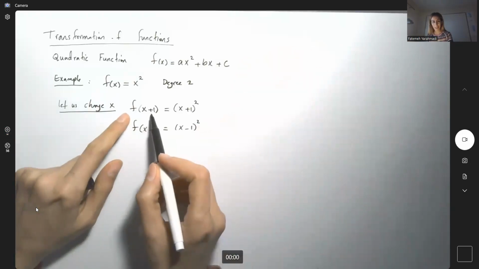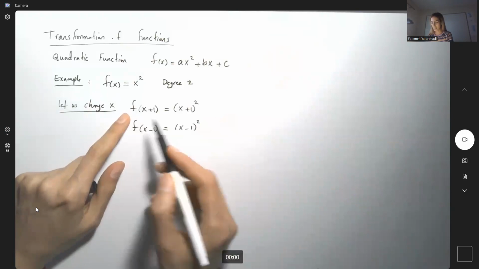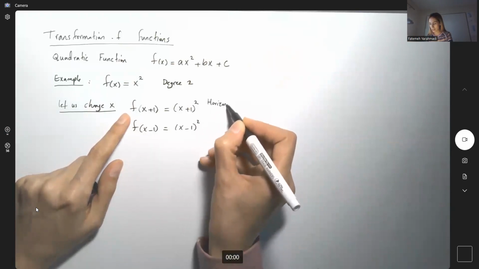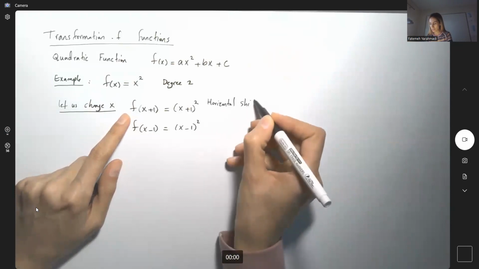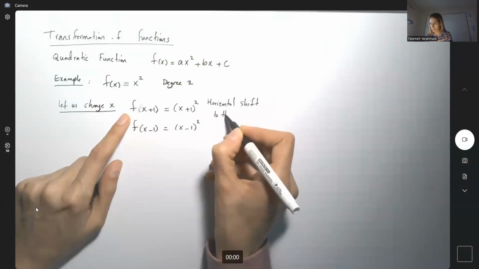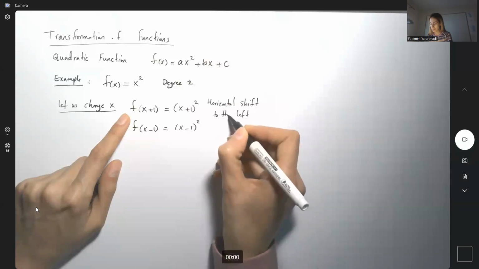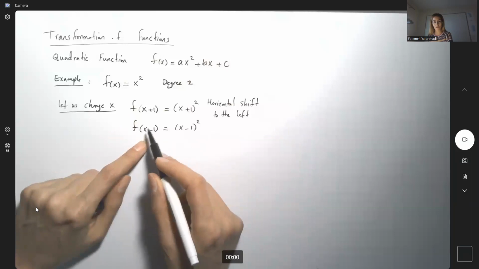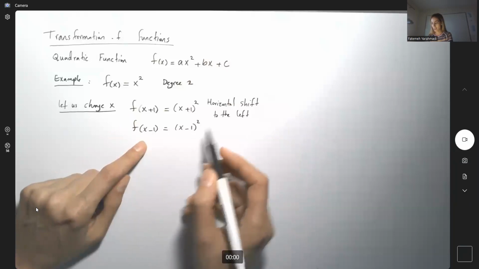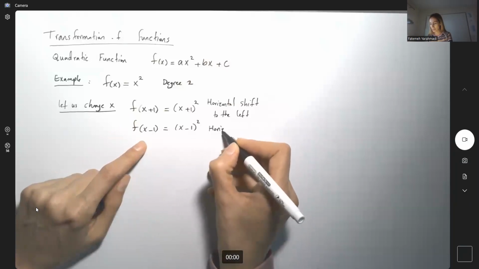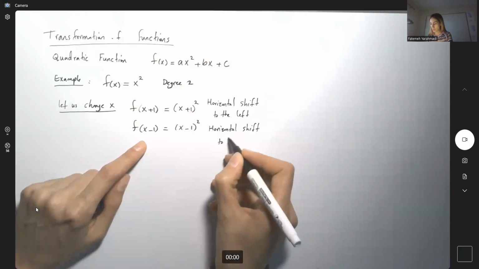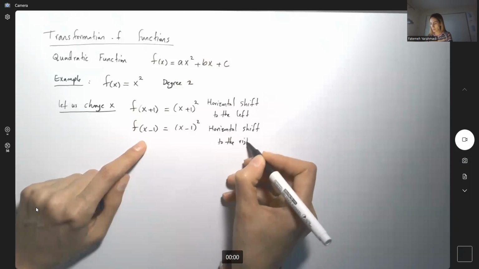If you add a number to your x, then you have a horizontal shift to the left. If you subtract a number from your x, you get a horizontal shift to the right. Why is that?